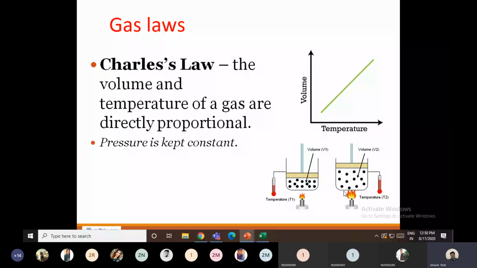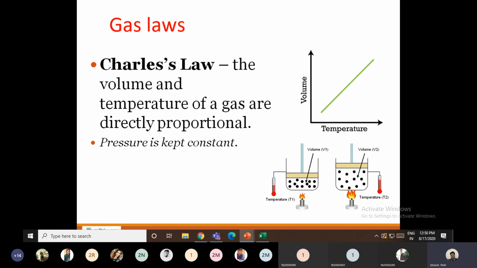Due to the addition of heat, the molecules will start to move away from each other, and thereby there is an increase in the volume of the gas, and at the same time the temperature of the gas will also increase, in proportion with the volume. Whatever the increase in volume, there will also be an increase in temperature.